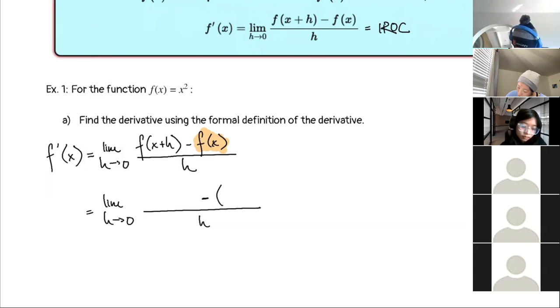Now I'm going to put parentheses around here because it doesn't matter for this question, but it's going to matter for future questions. And I don't want us to get into a situation where we're not used to putting those parentheses there, okay? So f of x we know is x squared because they told us f of x was x squared.